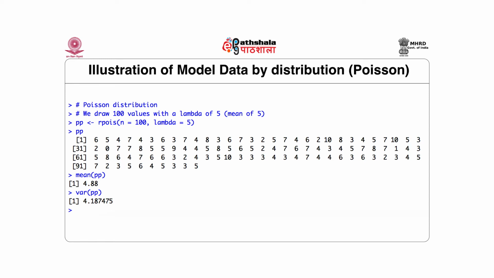In this particular case, the mean and variance are almost equal. Again, 4.18. Ideally, that's how our Poisson process works. So once more, you get to see that this was a Poisson distribution from where those data were taken.